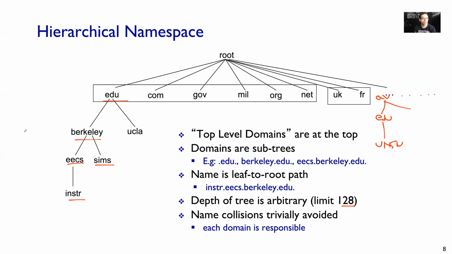So you can't have another university wanting to be Berkeley, right? Because there already exists one called Berkeley, right? And then within Berkeley, since the administrators who are managing the Berkeley network know there's an EECS, you cannot have another EECS, right? So effectively, this ensures that you cannot have a clash of domains, right?